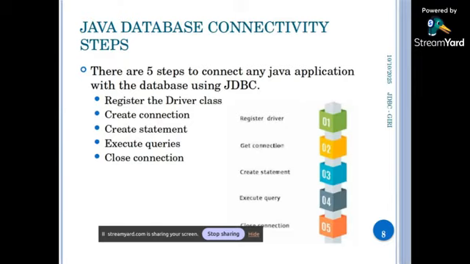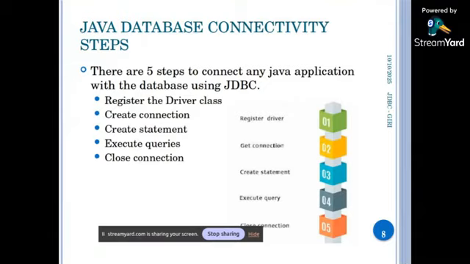Now, after Java 1.9, what they did is, why do I want to register these classes? Because Java itself has all these packages. It already has all these interfaces. These interfaces are actually shared with the vendors, so they are going to develop them.